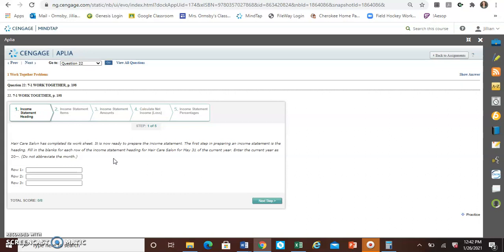Fill in the blanks for each row of the income statement heading for Hair Care Salon for May 31st of the current year. Enter the year as 2000. So the first step is going to be to write the name of our company, which is Hair Care Salon. Then we're going to put the name of the financial statement, so income statement.